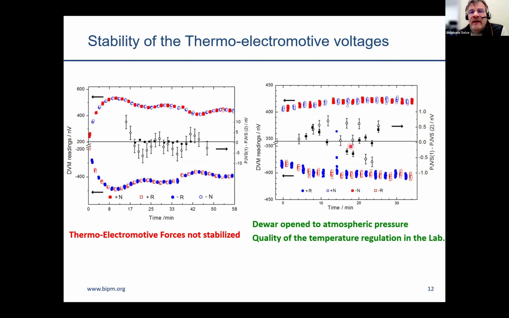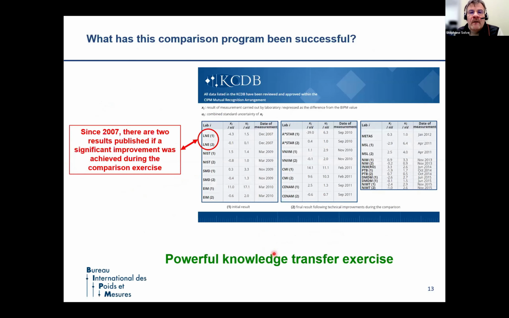So you could gain one order of magnitude by waiting for the stabilization of the thermal EMF. On top of that, to achieve such a nice evolution of the thermals, you have to be sure that your dewar is open to atmospheric pressure. And of course, one important point is the quality of the temperature regulation in the lab.